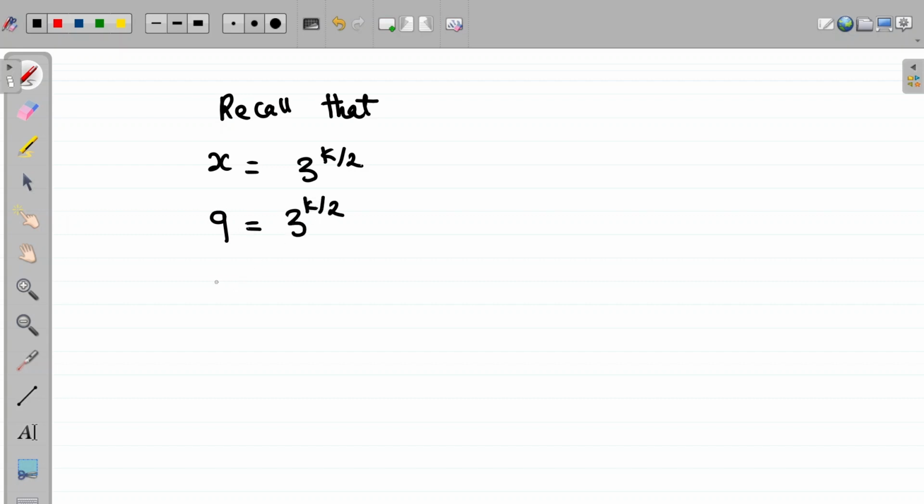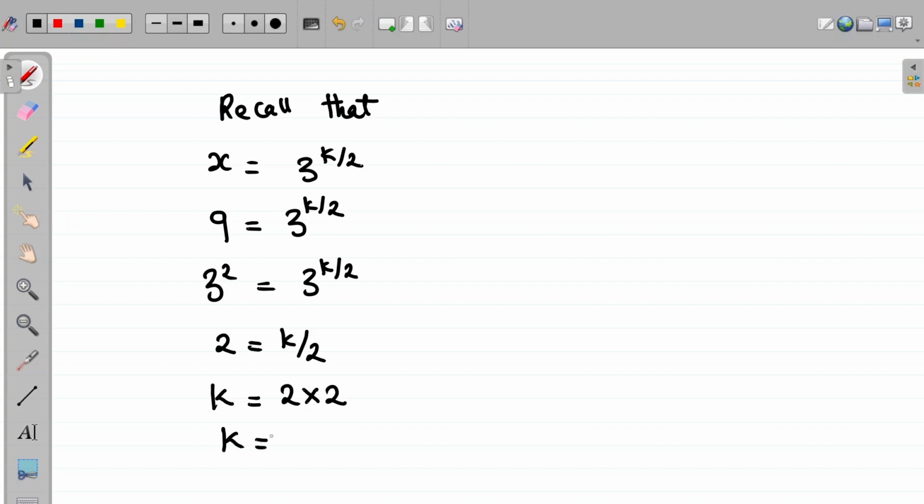Now we express 9 as the power of its base, so our equation becomes 3 raised to the power of 2 equal to 3 raised to the power of k divided by 2. Since their bases are equal, we have that 2 is equal to k divided by 2. Therefore, k is equal to 2 times 2. k is equal to 4.